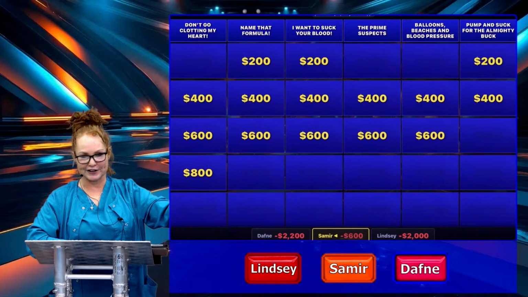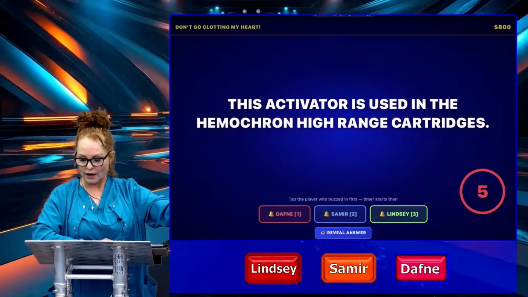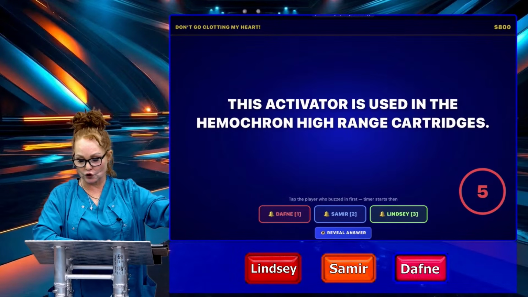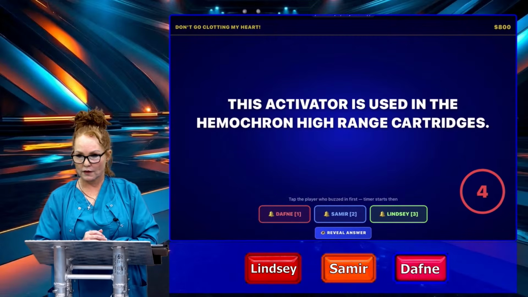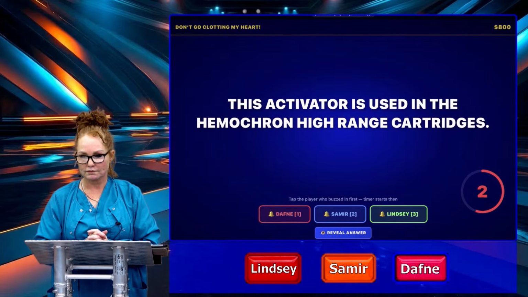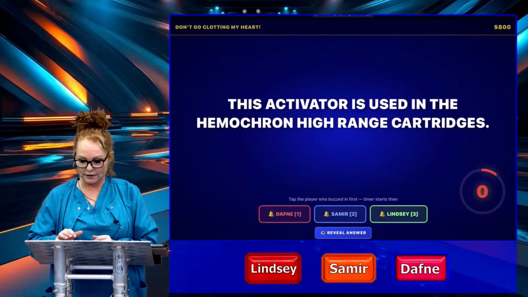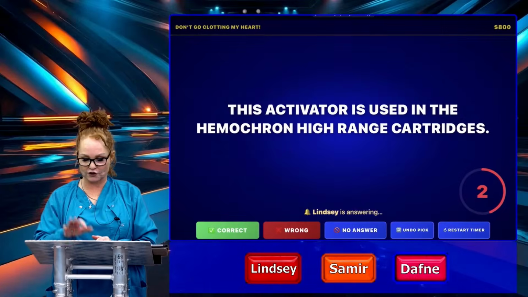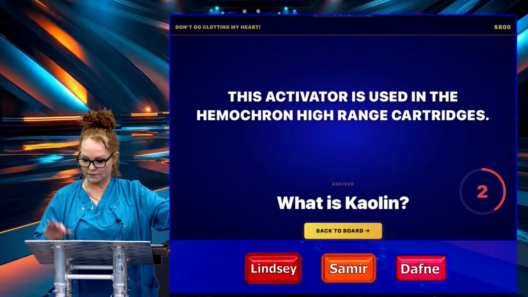Back to the board. Samir has control. Don't Go Clotting My Heart for 800. This activator is used in the Hemochron high-range cartridges. Lindsay, what is kaolin? That is correct. Good job, Lindsay.